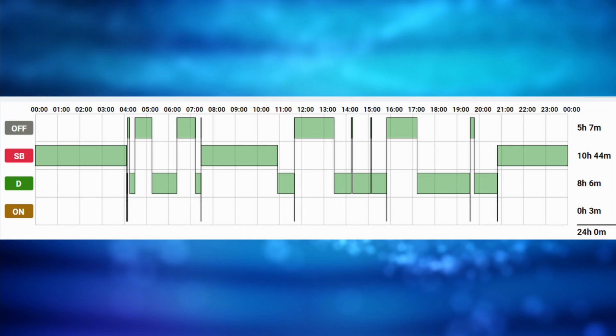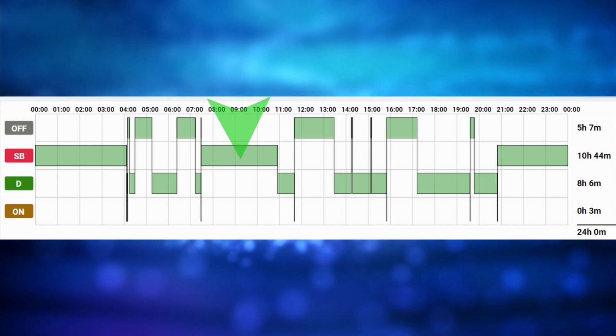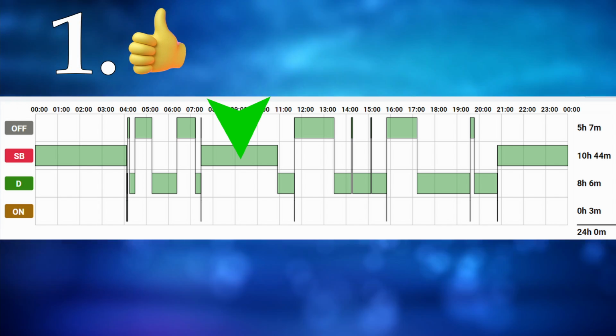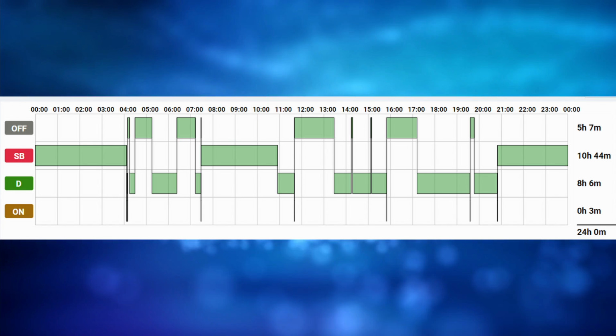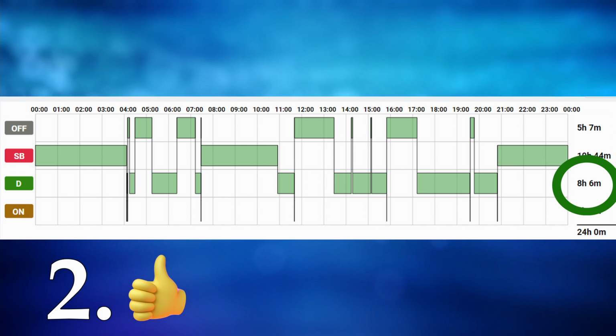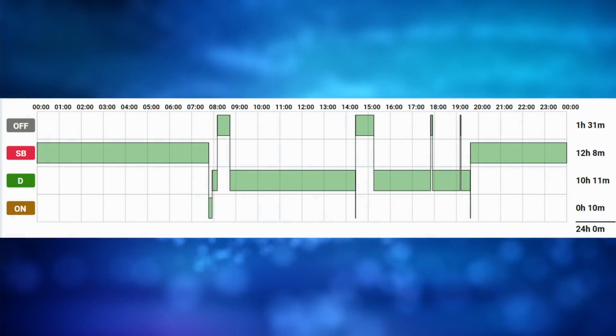Let's practice. Let's look at some random logs and decide together whether these drivers qualify for split sleeper or not. Yes, this log has more than a 2-hour period. And yes, it is under 11 hours. Next example.